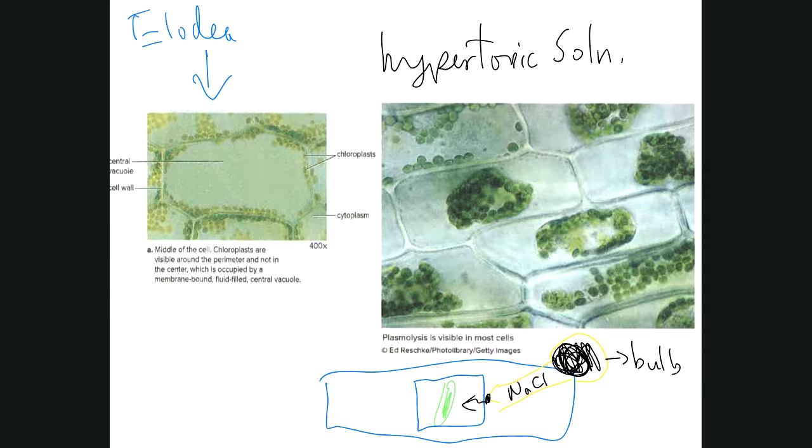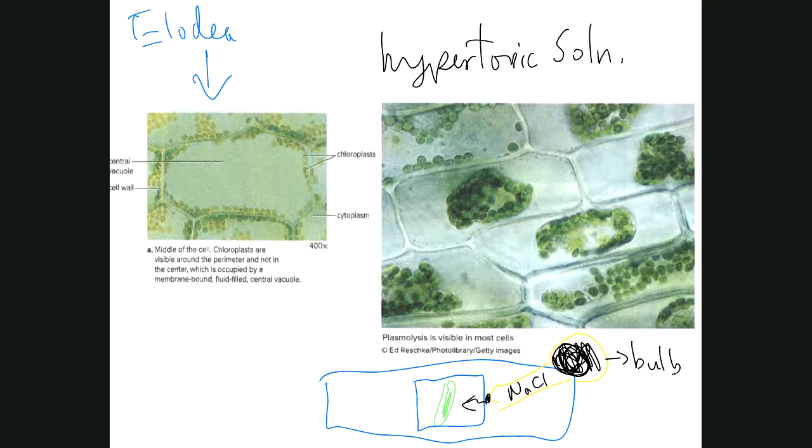So in order for the laws of physics to try to equalize, bring the system to equilibrium and reduce the concentration of salt outside of the cell and increase the concentration of salt inside the cell, the cell loses water. And the main source of water for these plant cells is the central vacuole.